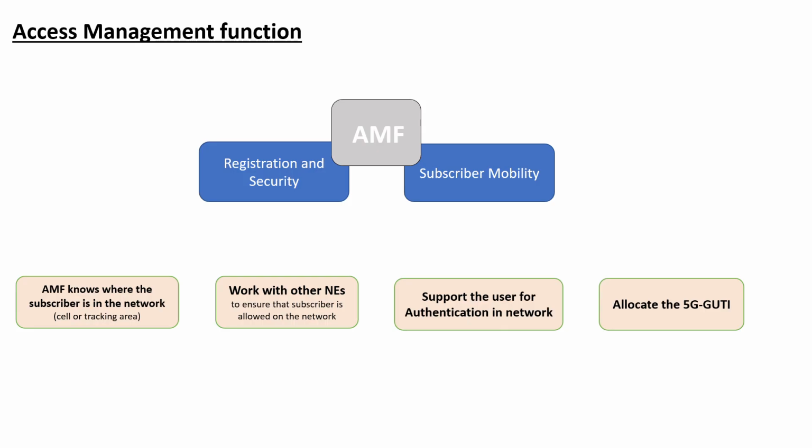In the registration accept message, the AMF also sends the 5G GUTI, which is the combination of AMF set ID, region ID, pointer, and the 5G TMSI, which will be allocated temporarily to the subscriber, so that there is no need to send the SUCI or SUPI information back to the network every time, right?